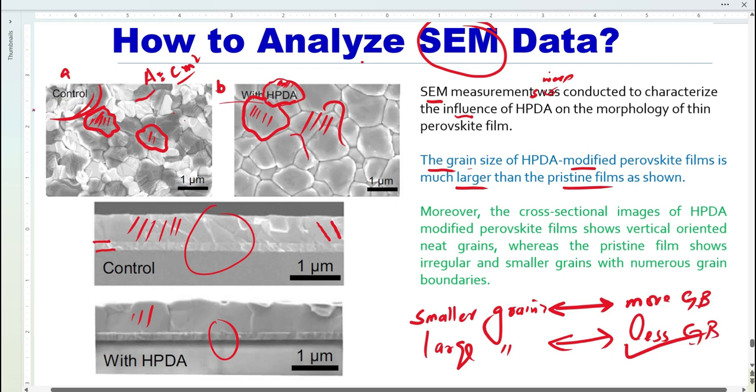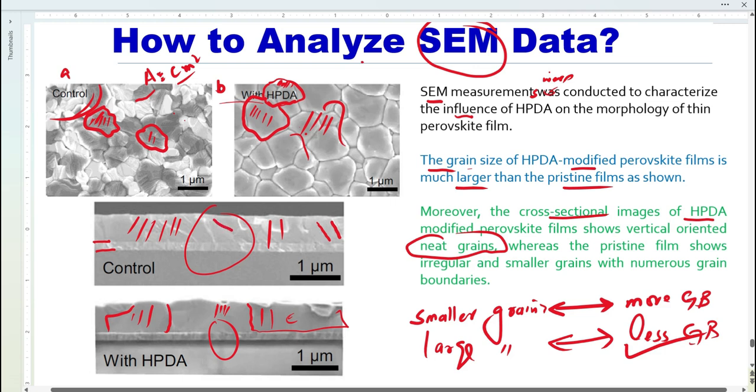Let's read this. This is the control cross section here, and this is basically the modified cross section. We can clearly see that very big grains are also appearing here. You see, very big grain here. Yeah, this means that this structure is modified a lot. So we can write that the cross-sectional image of the HPDA modified perovskite film shows vertically oriented neat grains, very clean grains, while the pristine film shows irregular and small grains.